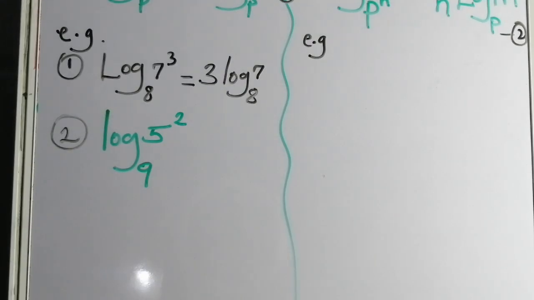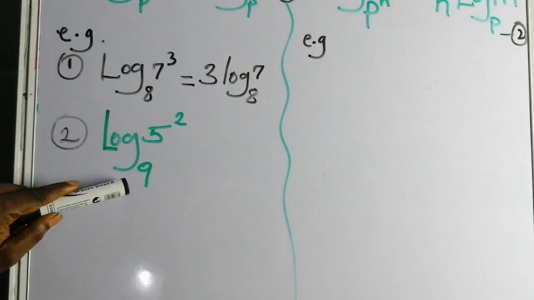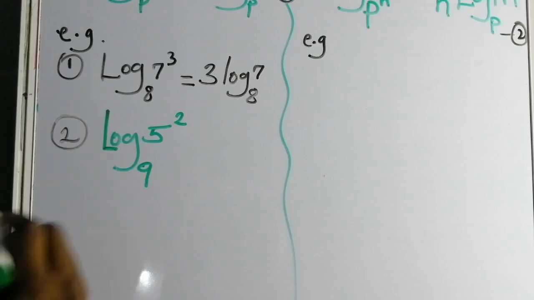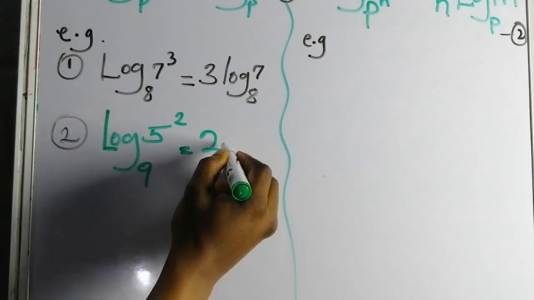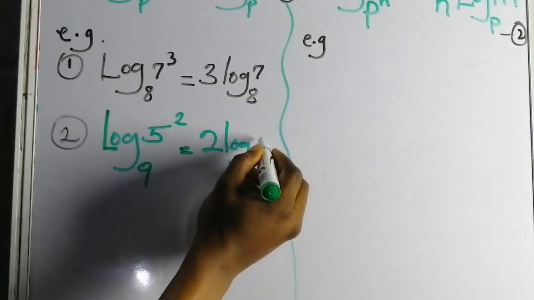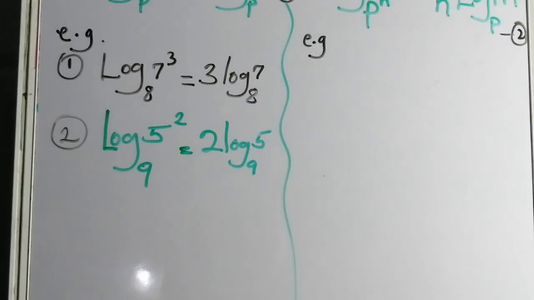If you see something like this, don't be scared. It's under logarithm. So it means log 5 raised to power 2 base 9. What do we do? The 2 comes to the back of log from the law of log. So this is the same as saying 2 log 5 to base 9. It's as simple as that.